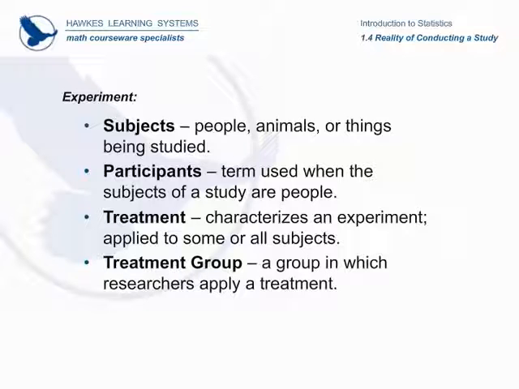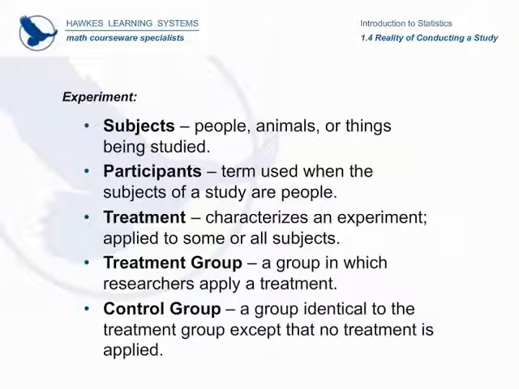Then we have a treatment group, and that's the group in which researchers apply a treatment. We also can have a control group, and that's a group identical to the treatment group, except that no treatment is applied or given to that group. And that's why it's called a control group.